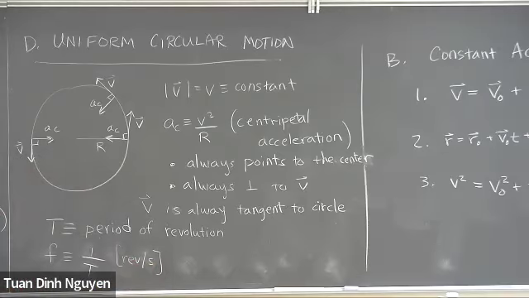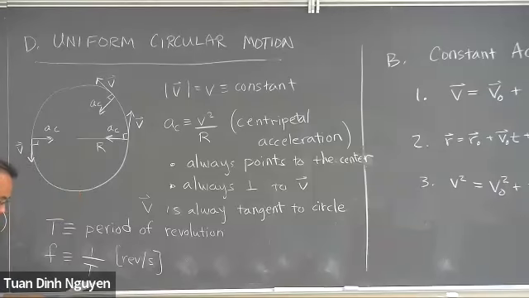So if they give something in revolutions per minute, you have to change it to seconds. If they say it goes around 3 times a second, that's 3 revolutions per second. If they said the period was 2 seconds, then you can quickly find the frequency by just taking the reciprocal.